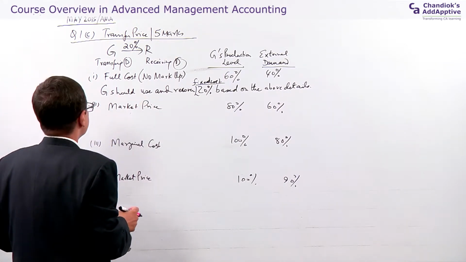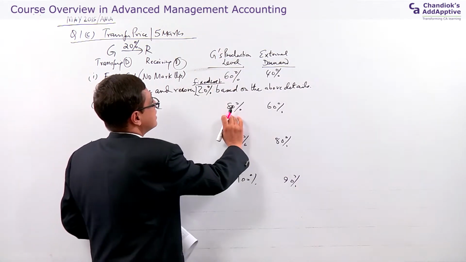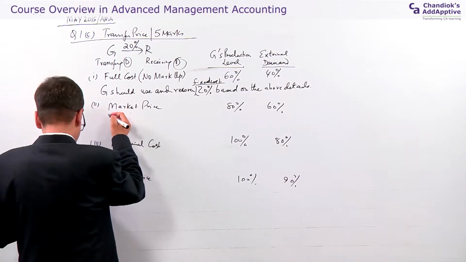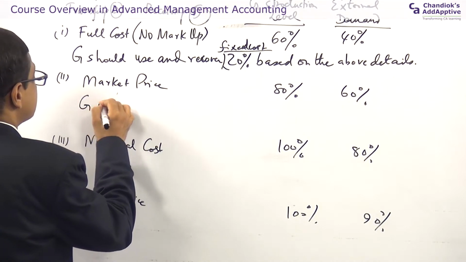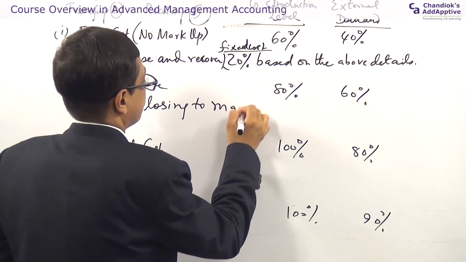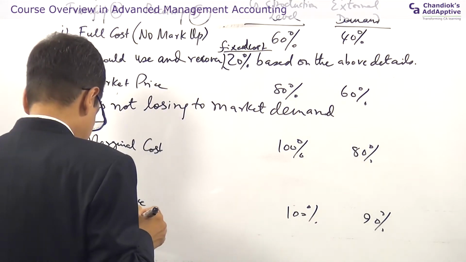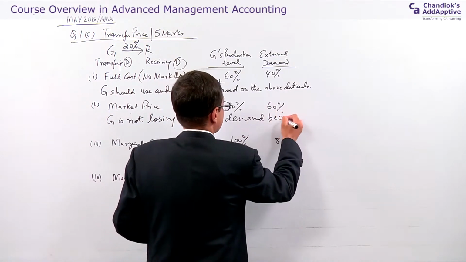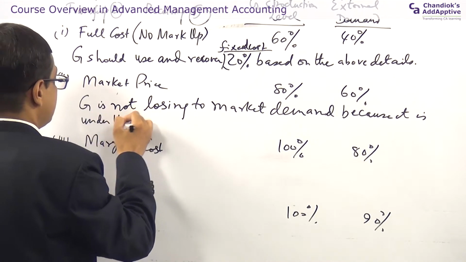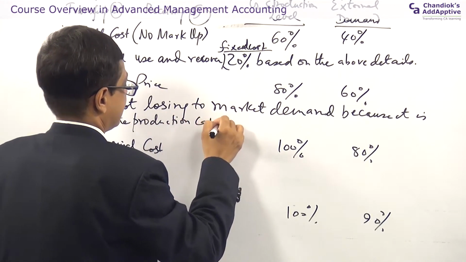In the second case, it says the market price is the basis, G's production level is 80%, external demand is 60%. In this case, G is not losing to market demand. Why? Because it is under the production capacity.